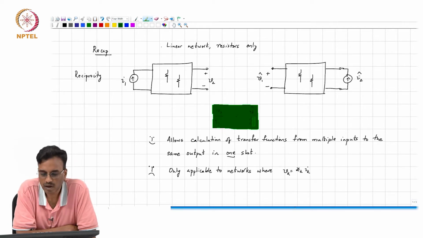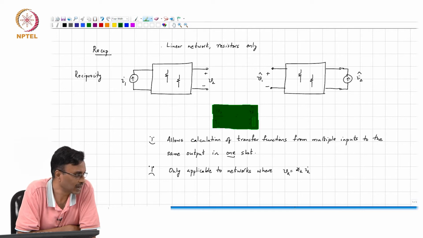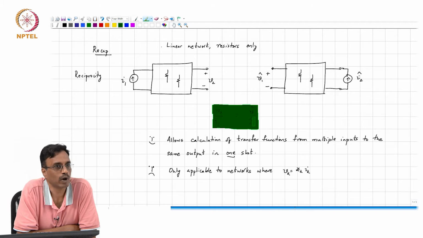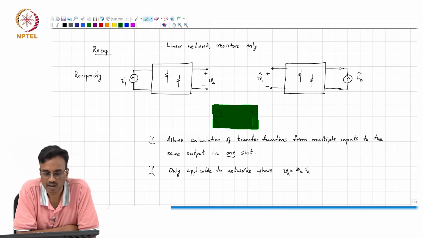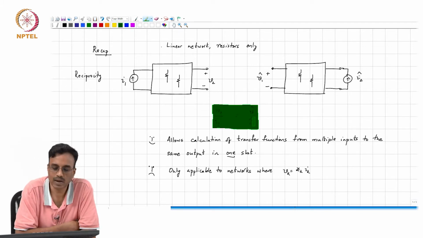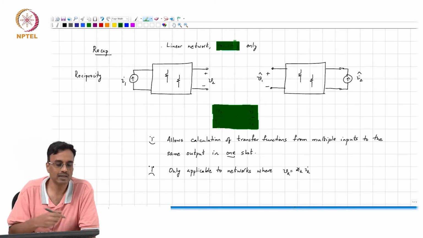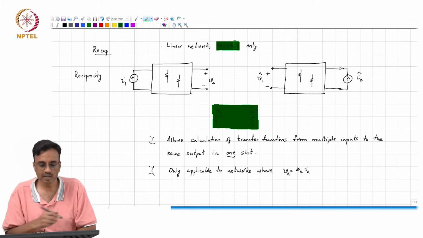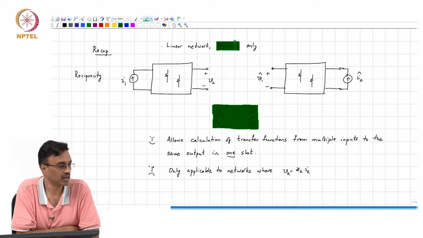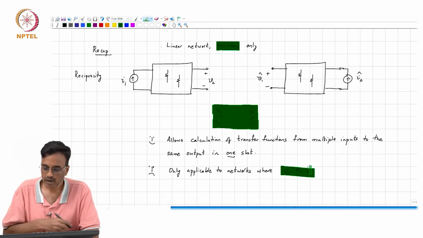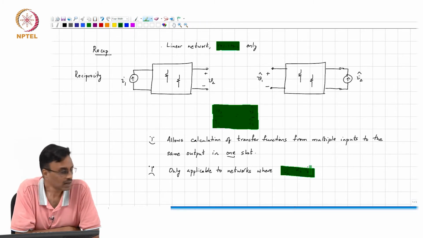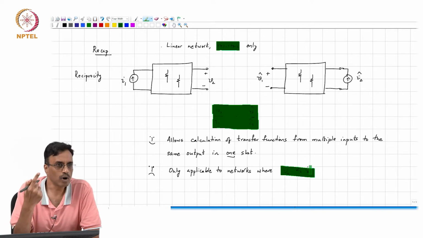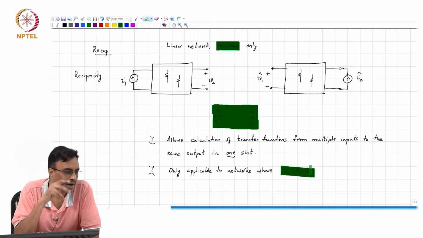Correct? It turns out, as we again discussed in the last class, that there is a cleverer way of doing this if you exploit the fact that the network only consists of elements where you can relate the branch currents to the branch voltages. You excite the output port, and then look at the voltages or currents through the independent sources inside the network.